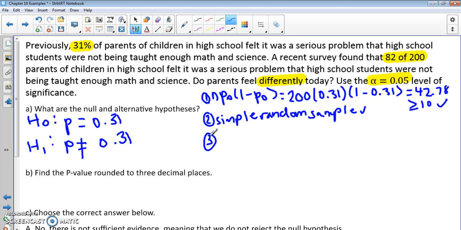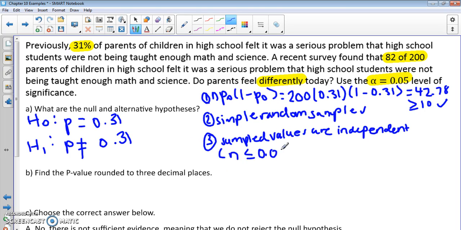And then lastly, that our sample values are independent, or that our sample size is less than or equal to 5% of the population. And I would say that that is also true. So now we can calculate our p-value.